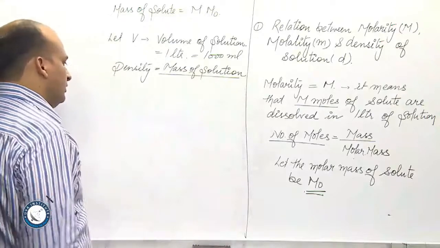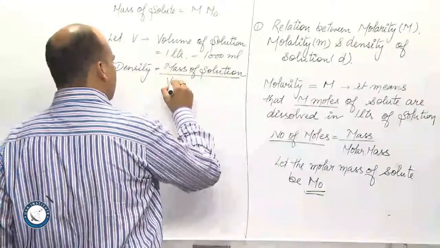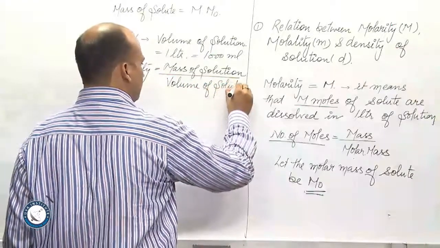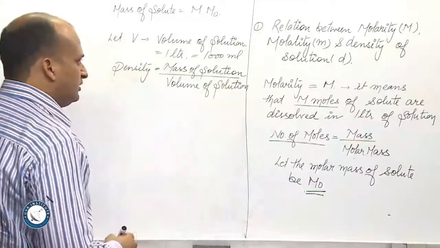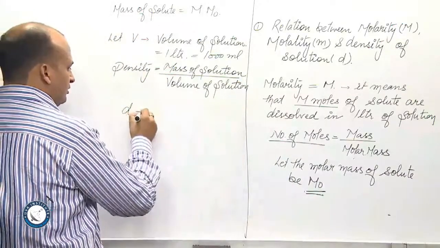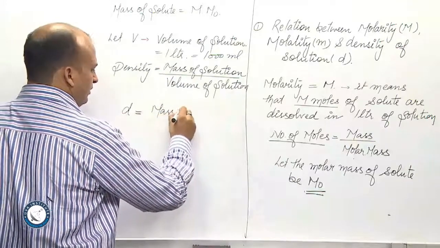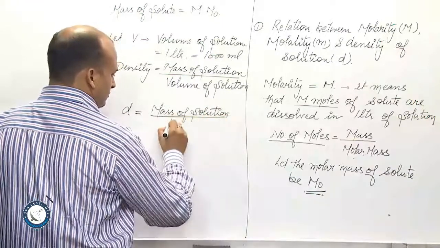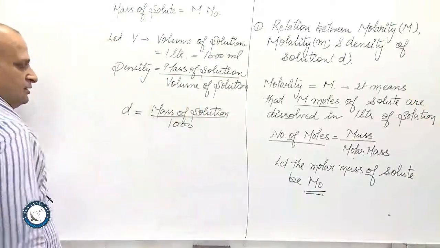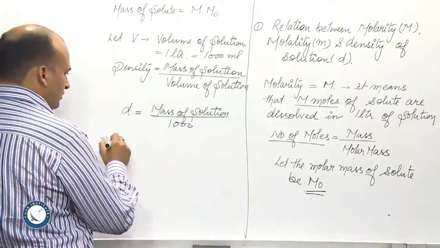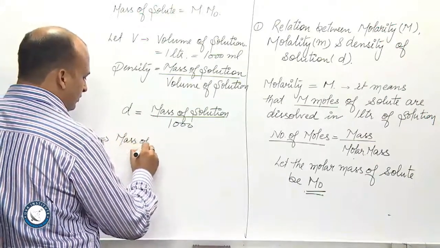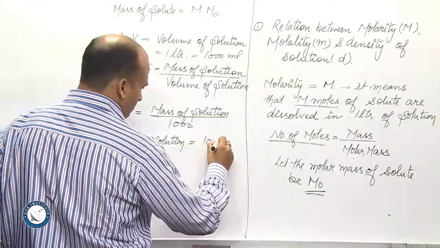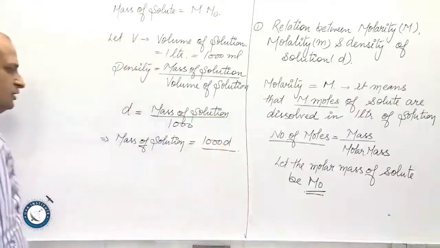Density is mass of solution upon volume of solution, right? Density is D. Mass of solution will be volume multiplied by density. So, you get mass of solution is equal to 1000 D.